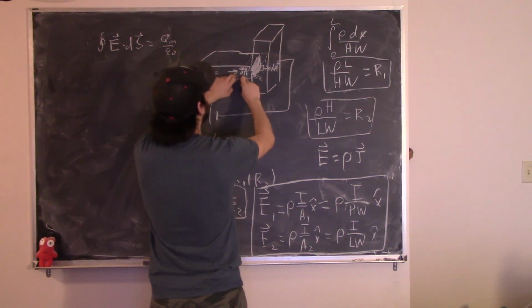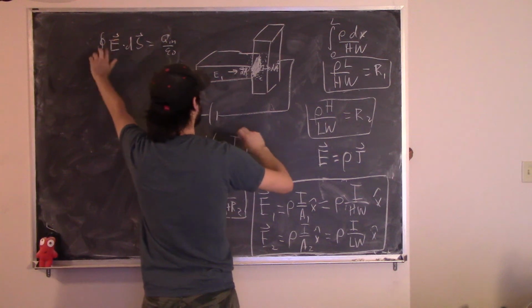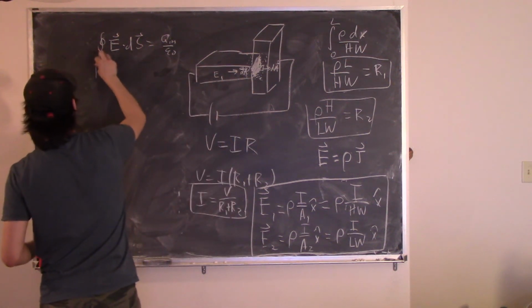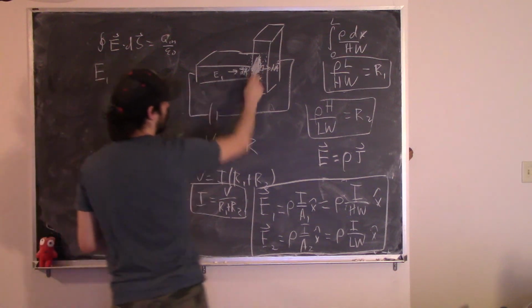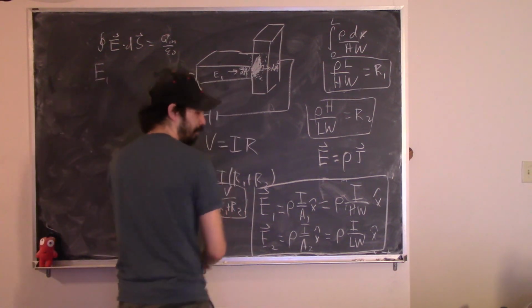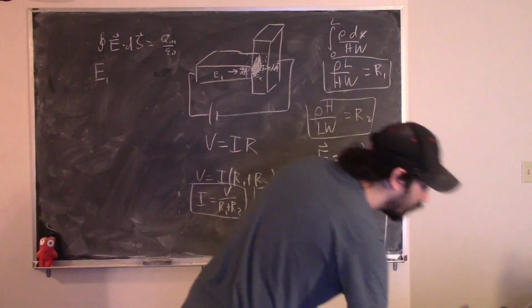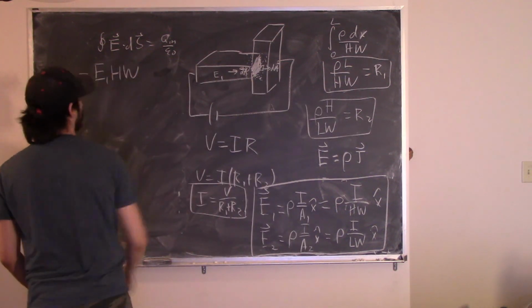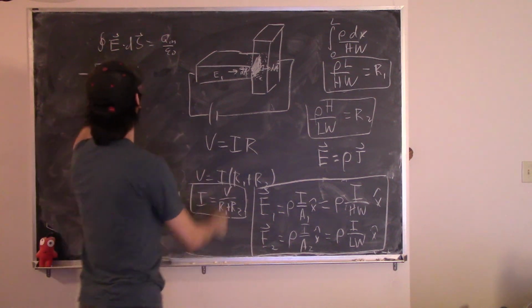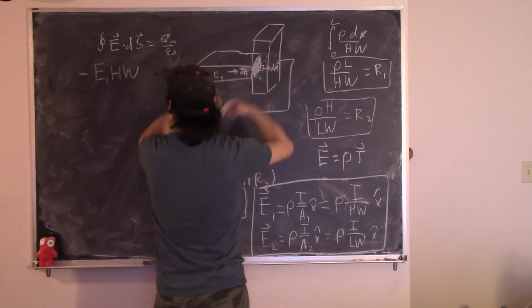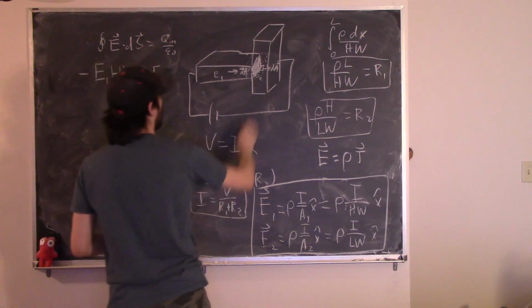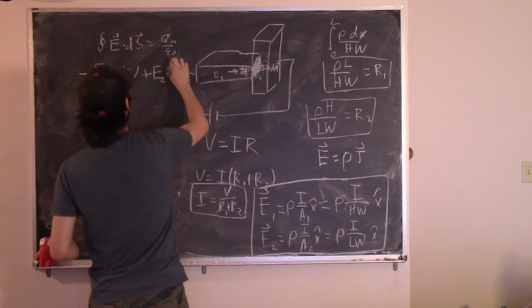So when I do this dot product to evaluate the integral over the closed surface, this is going to be E1 times the area here, which is H times W, with a negative sign. The negative sign comes from evaluating the dot product here. And then this is going to be plus E2 times the same HW.